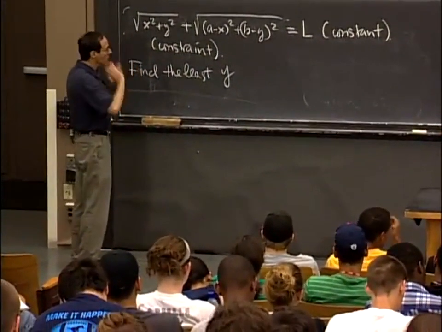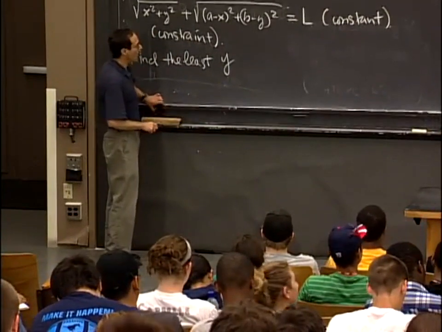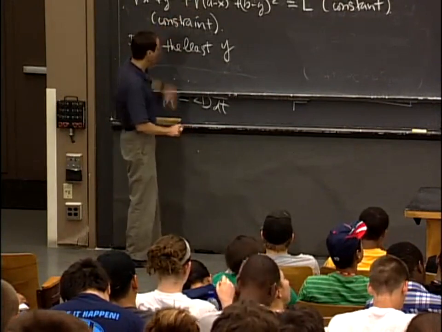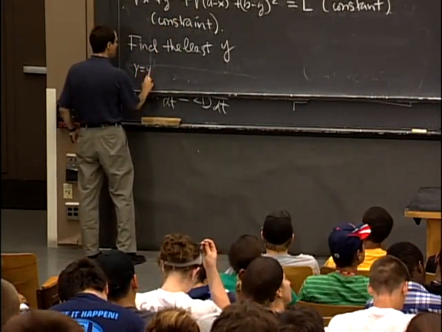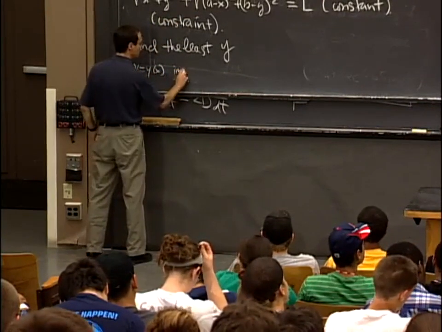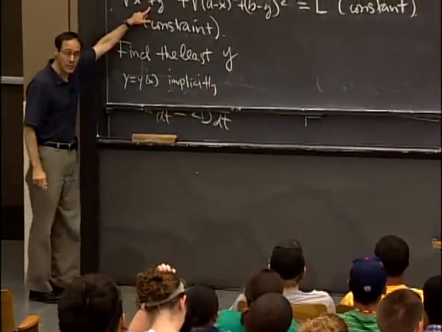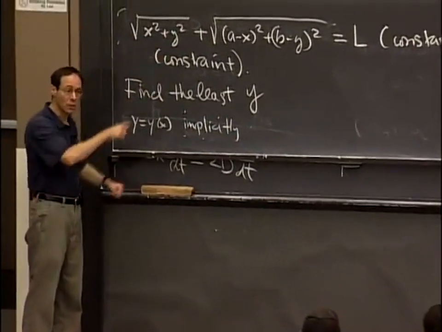Now, the reason why it seems a little weird is you might think of y as just being a variable, but really y is a function. It's really y equals y of x, defined implicitly by the constraint equation. All right, that's what that curve is.